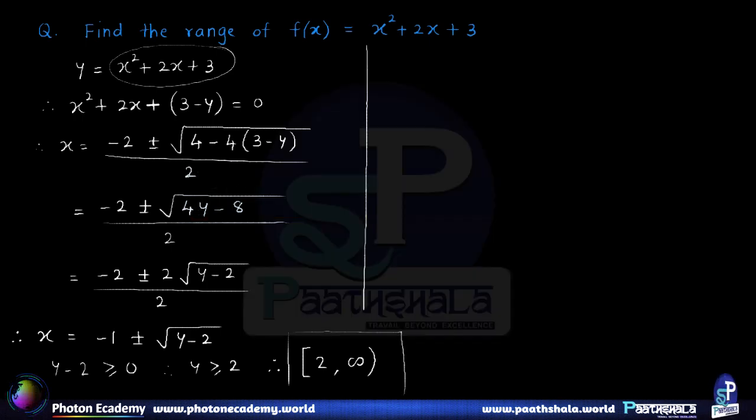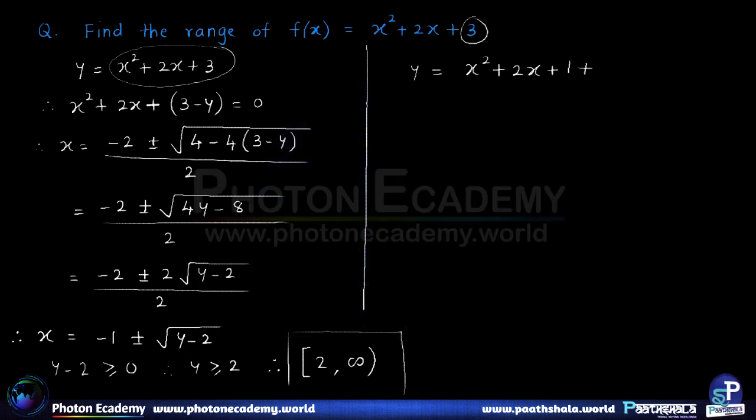Now let's see how we can get the same range by a slightly different approach, that is by completing the square. We can break the constant term 3 as 1 plus 2, so that the first portion becomes a perfect square, that is x plus 1 the whole square plus 2.